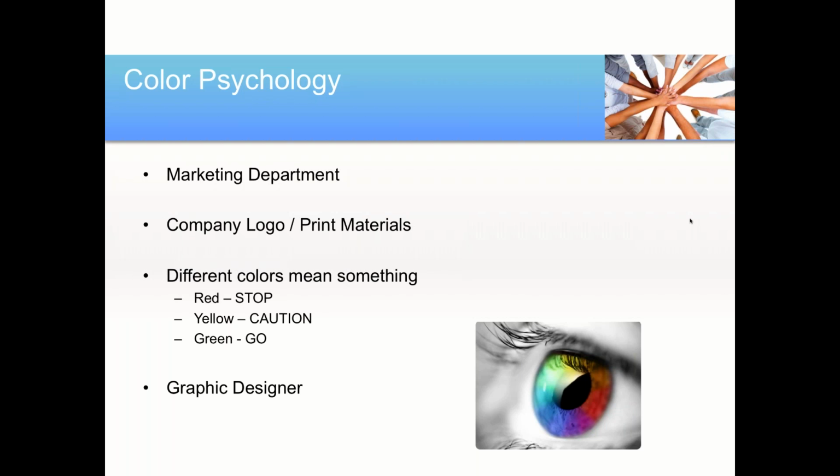Marketing departments seem to want to overdo these colors within the dashboard, and they don't understand that these colors have meaning. Red means stop, caution, don't go any further, stop now. You're doing something wrong, something's bad. Yellow means caution, green means go, we all know this.